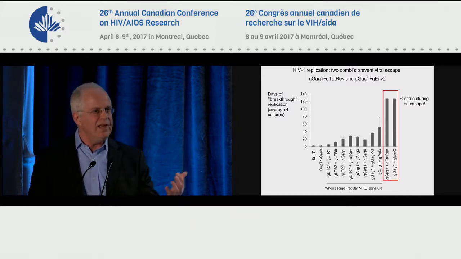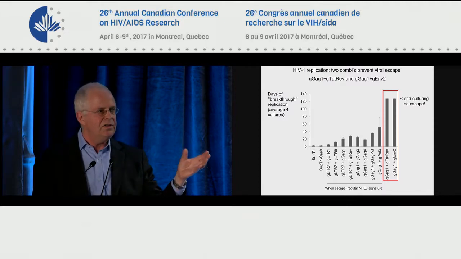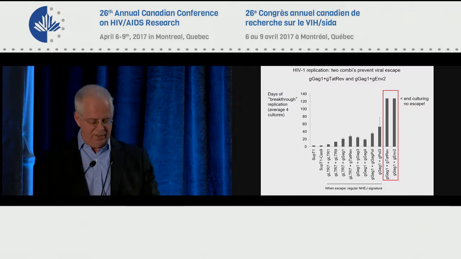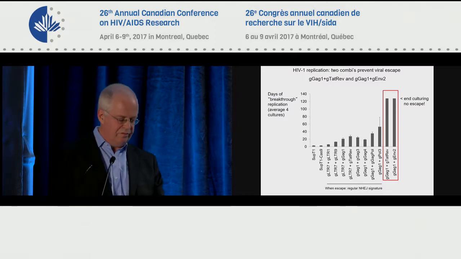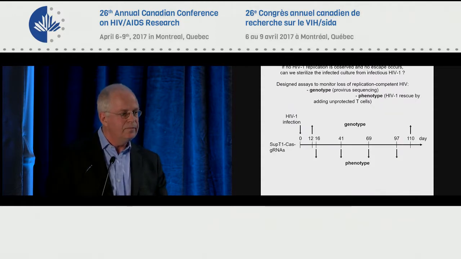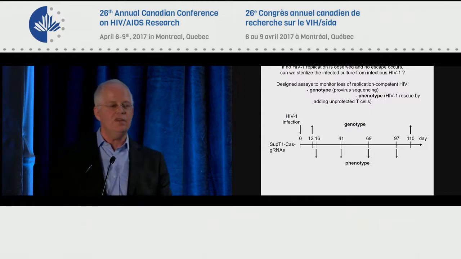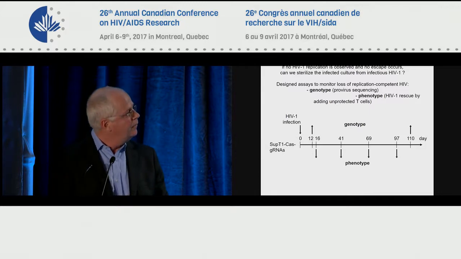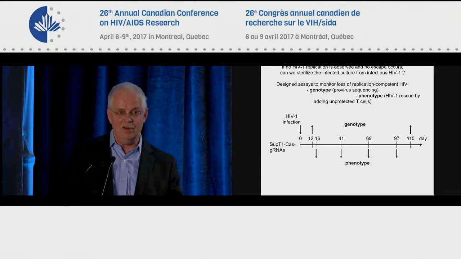So what's now happening in these cultures? Because there's CRISPR-Cas all the time, is it working on the DNA, and what's happening there? So we started analyzing these two cultures in very much detail. And we did two assays, a genotype assay and a phenotype assay. Genotype simply meaning that we're going to sequence the virus to see if we see the action of CRISPR-Cas attack.